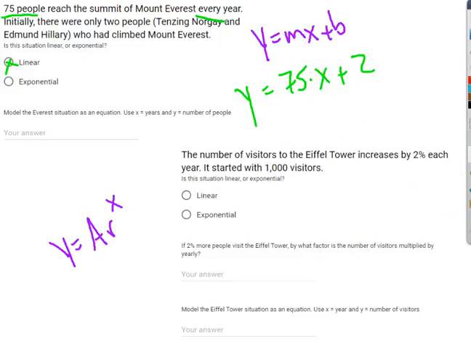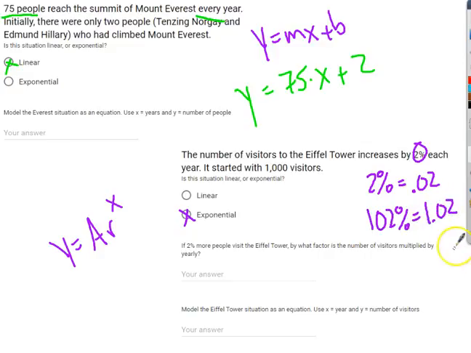So that's that equation. The other one is a percent, and so I know almost every percent is an exponential situation. It's 2%. 2% is the same as 0.02, which means that I have a factor of 102% or 1.02.